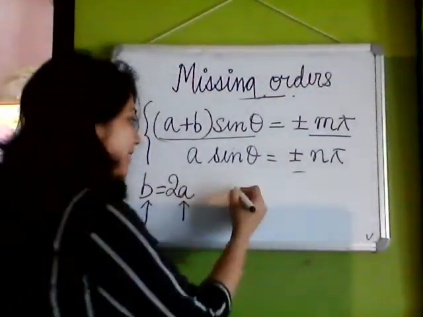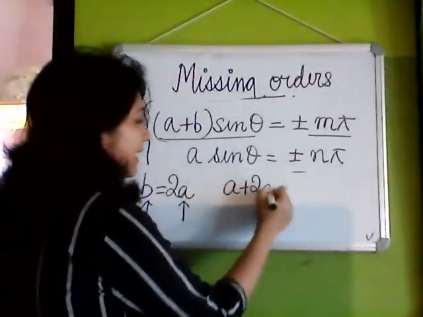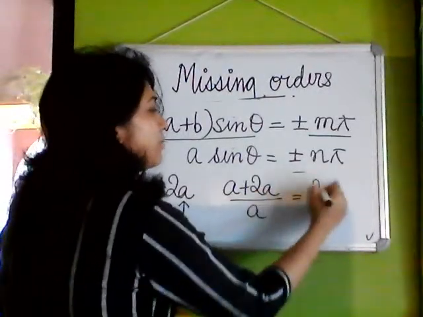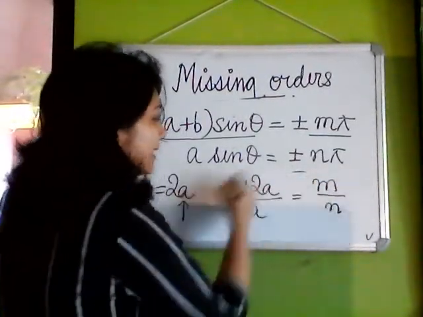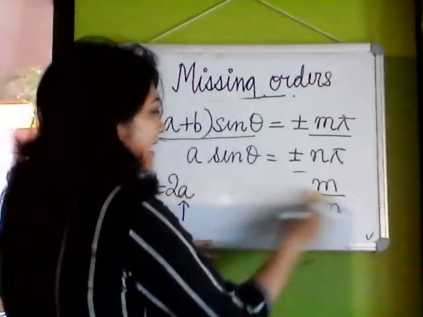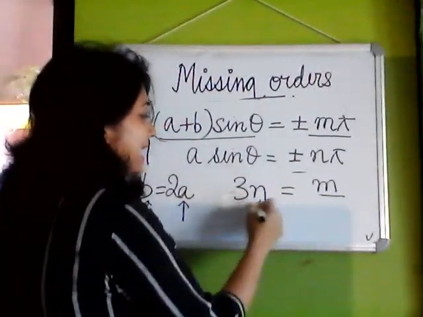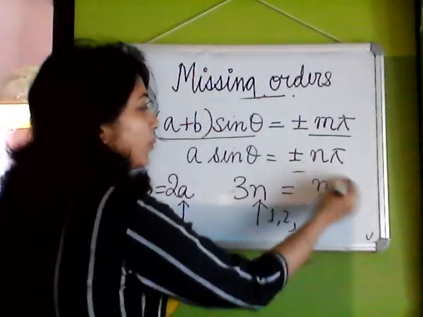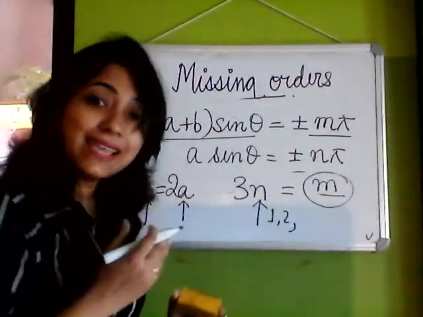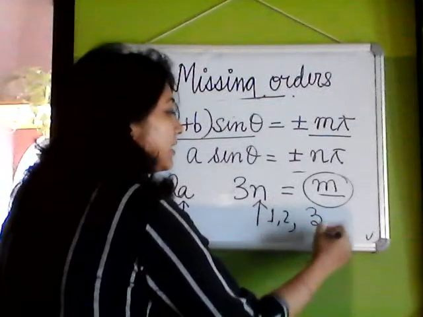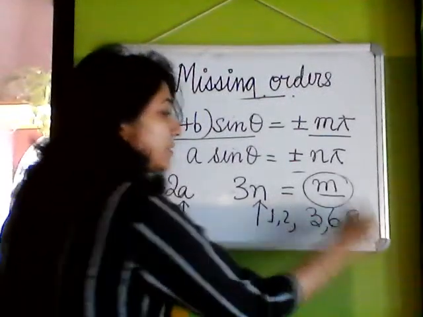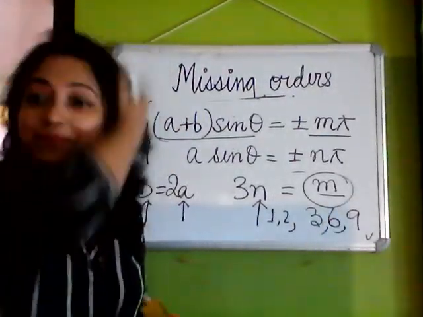So what will I have? (A plus 2A) by A is equal to m by n. In this case, what I am going to get is m is equal to 3n. And since n is 1, 2, 3, which orders will be missing in this case? The order number 3, the order number 6, the order number 9 would be missing.